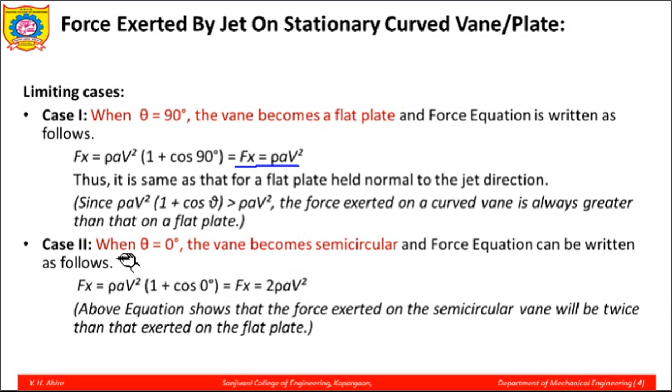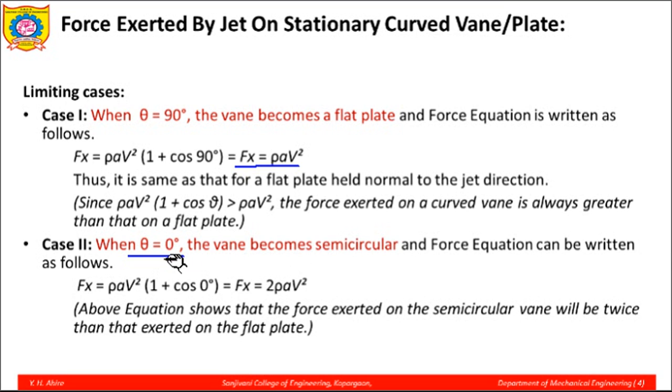Case number 2, when theta is equal to 0 degrees, what happens? The vane becomes semicircular. The symmetrical curved vane becomes semicircular, because remember theta is nothing but the angle made by the tangents at the outlet tips of a curved vane.